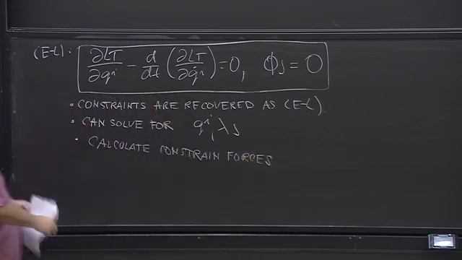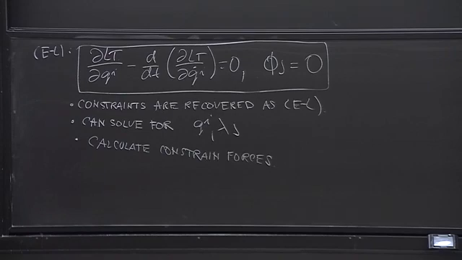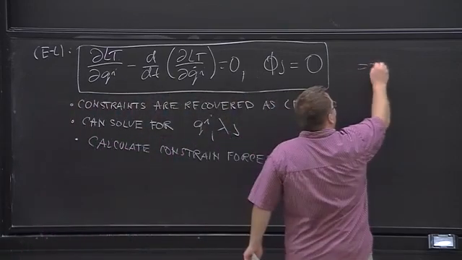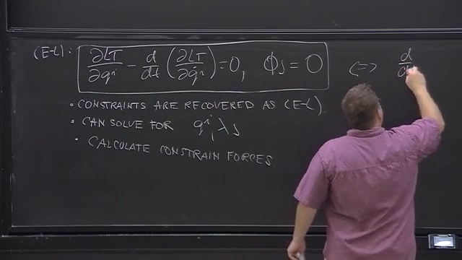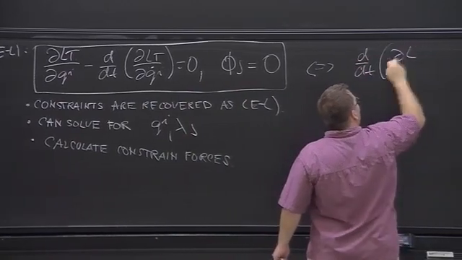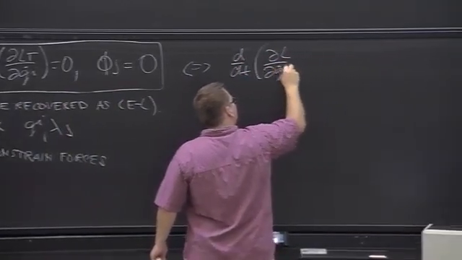So now what you do is that you again break this nice formula into L and the constraint part. So you can write down this formula as d over dt dL over dq dot.